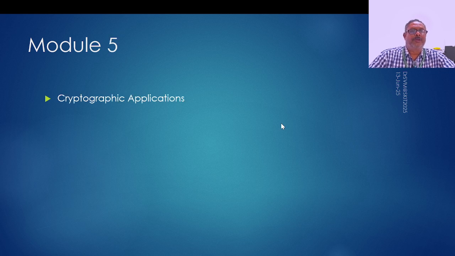In module 5, we look at various applications of cryptography. Anywhere digital data is traveling today, there is danger of being trapped, danger of being overseen, danger of being corrupted. A lot of dangers are there, a lot of attacks are possible.